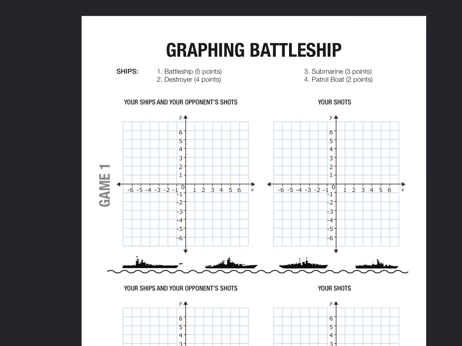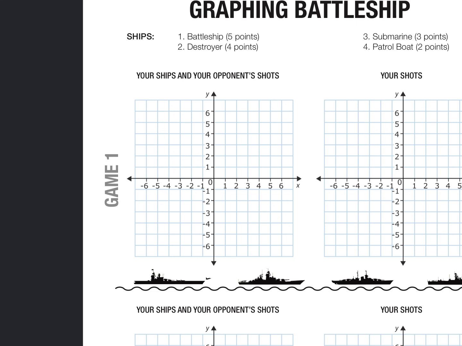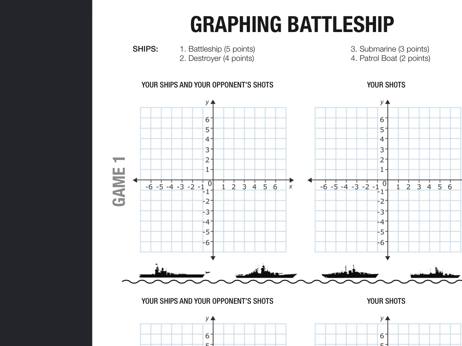So these are your ships here. So your battleship is 5 points. So what you're going to do is wherever you want, these are your ships and your opponent's shots. So you can put your boat wherever you want. If it's 5 points, you just need to connect it. 1, 2, 3, 4, 5.